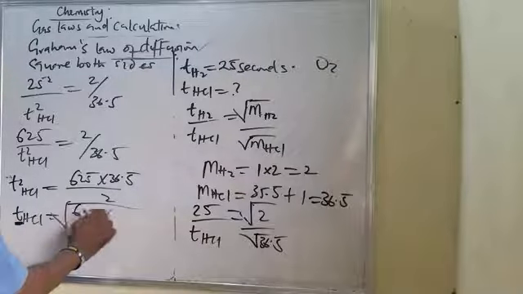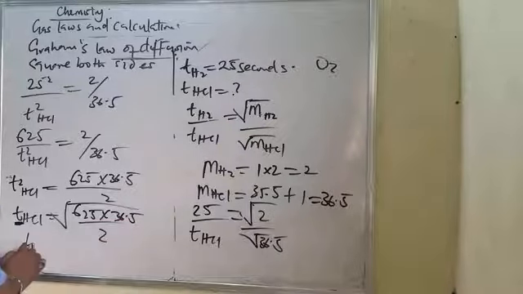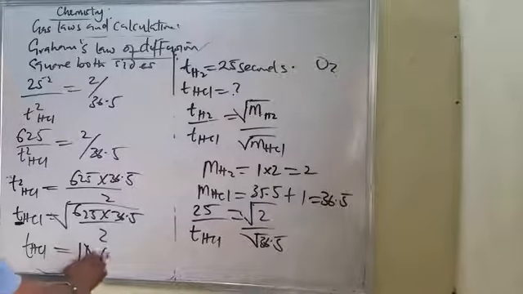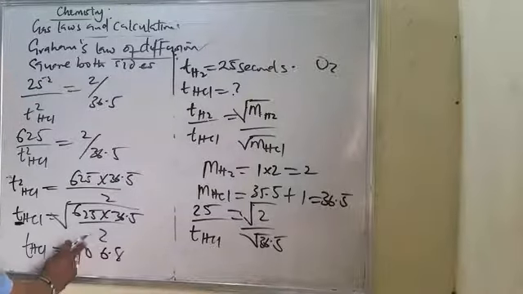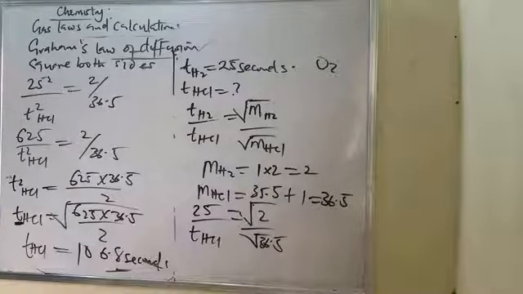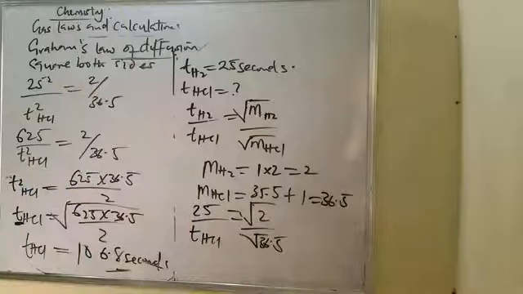That becomes the square root of 625 times 36.5 divided by 2. So the time taken for hydrogen chloride gas to diffuse will be 106.8 seconds. You can confirm that with your calculator.